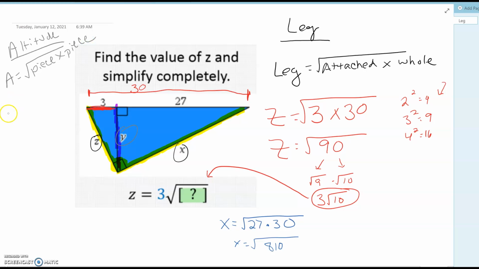So y would be equal to the square root of 3 times 27. So it's all about which one you're finding. If you're finding a leg, it's attached times whole. If it is the altitude, it would be piece times piece of the hypotenuse. So y equals 3 times 27, which is 81. Square root of 81 is 9.